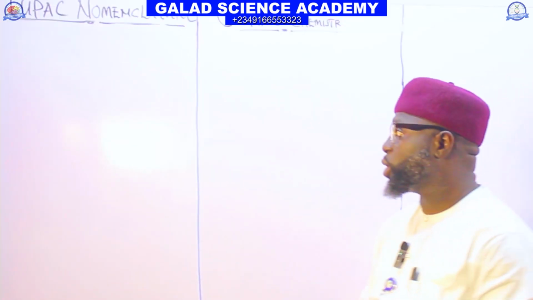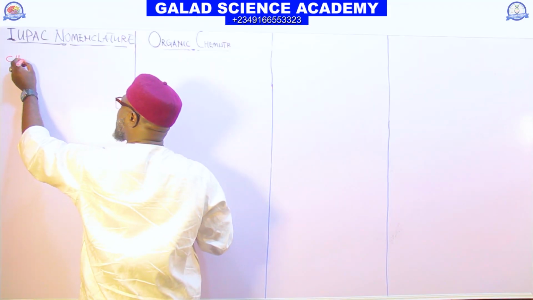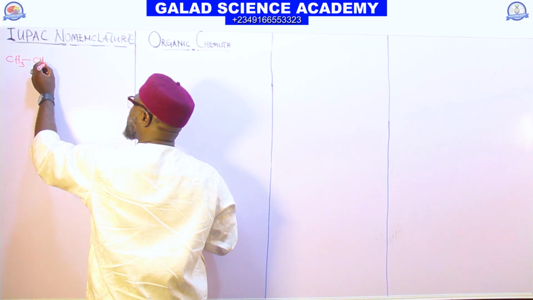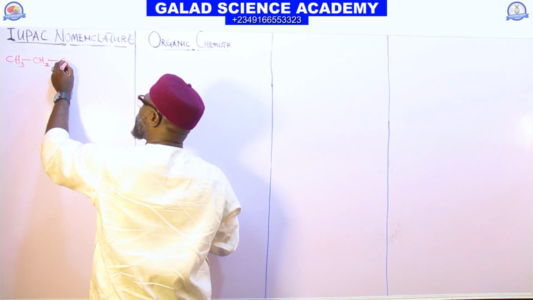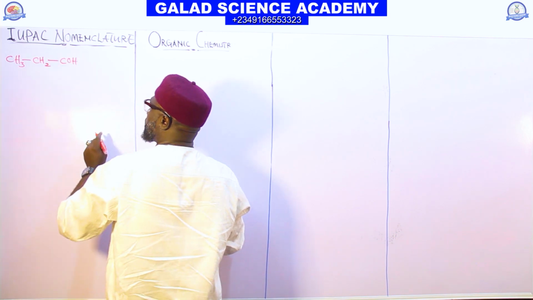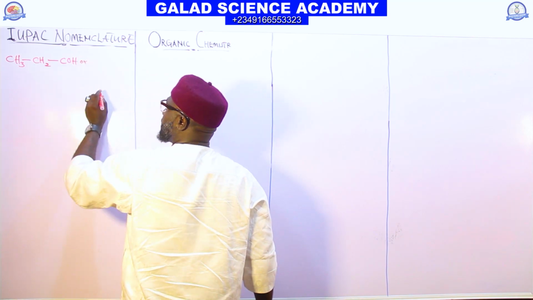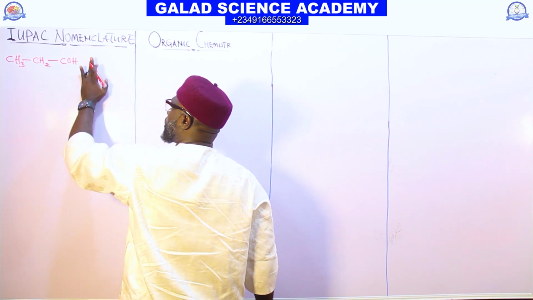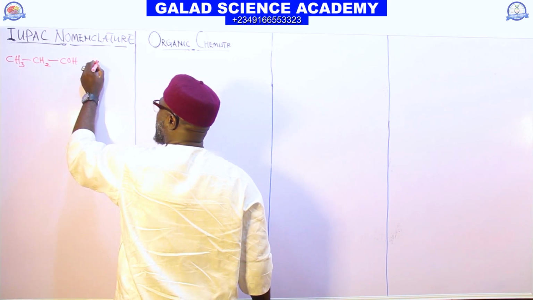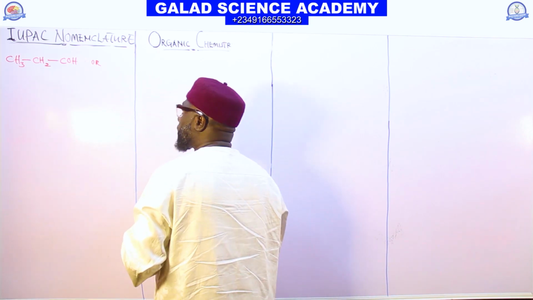The next one is CH3CH2COH. Do you still know that this compound, you can write it in this form, or in this form?